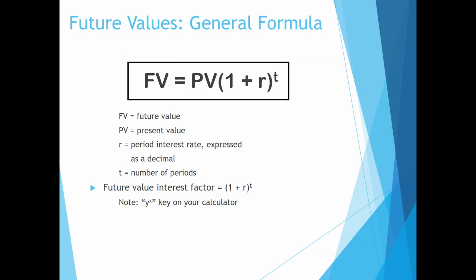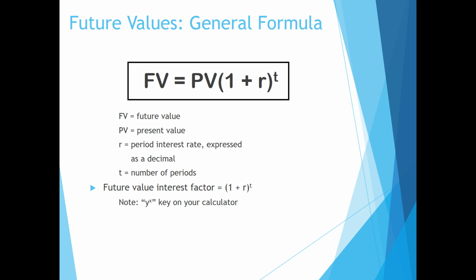Here's the general formula for future value. Note the variables. FV is future value, PV is present value, lowercase r is your interest rate expressed as a decimal in the formula, and then T is the number of periods. Please note that with the interest rate again, depending on the formula that you use, it can be a lowercase r, a lowercase i, or a lowercase k.